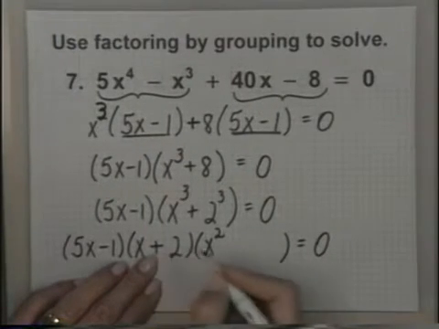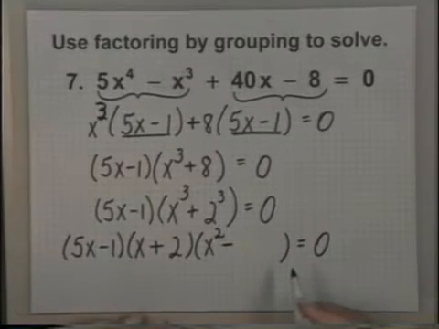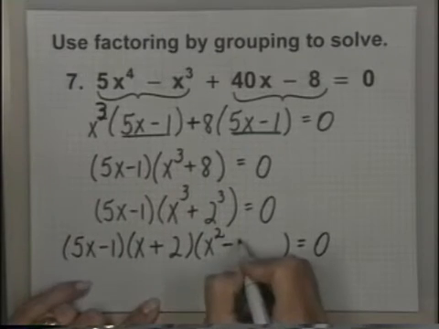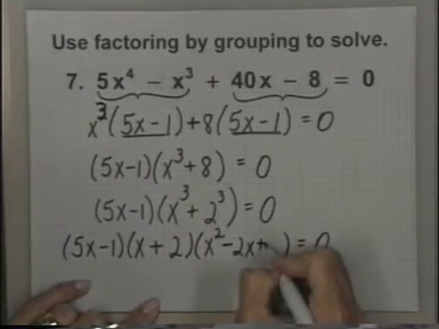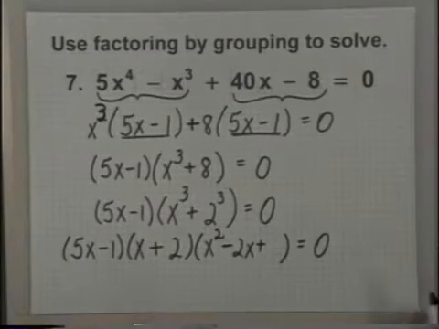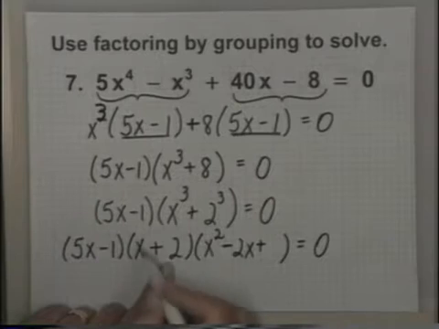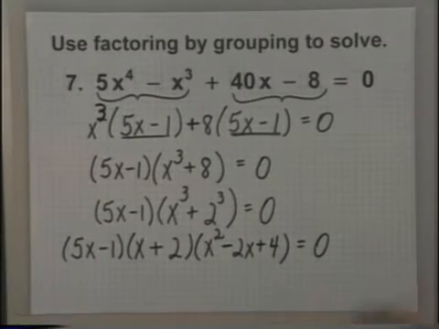Since our first factor has a plus sign, we know we'll use a negative sign. What we do to get this term is to take the 2 and multiply it times the x. That gives us 2x. Remember that the third term is always positive, and to get it, we square the second term in this first factor. 2 squared is 4. So let's check our factors now.